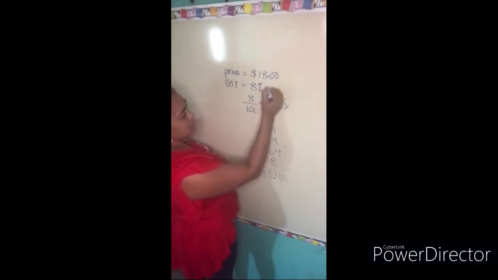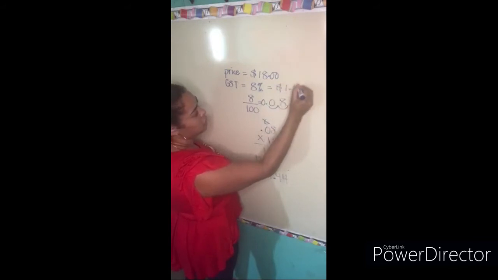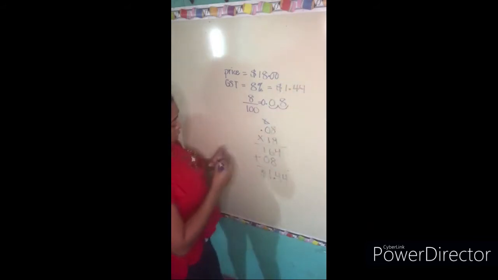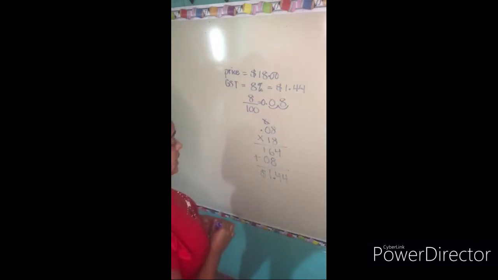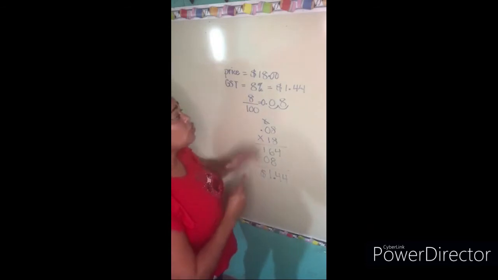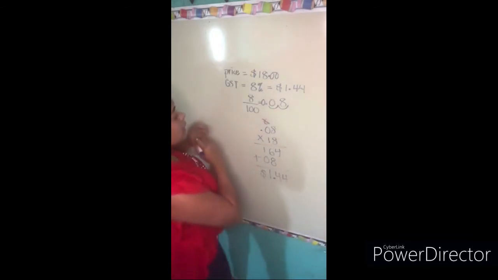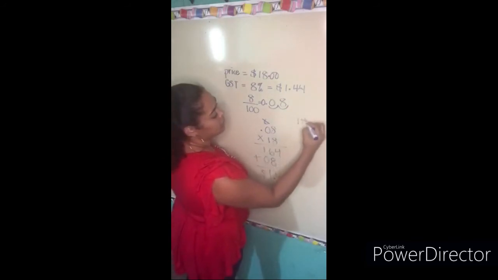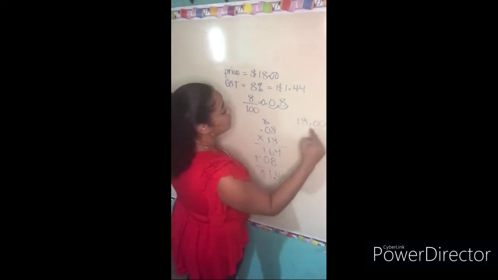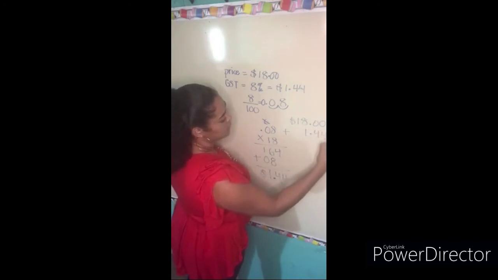So 8% is equal to $1.44. Now, GST simply means that you're going to pay more now. This is going to be added to the price. Okay? So now we're going to add the $18. Now we're going to need our zeros because we have a decimal that we're working with. $18 plus $1.44.